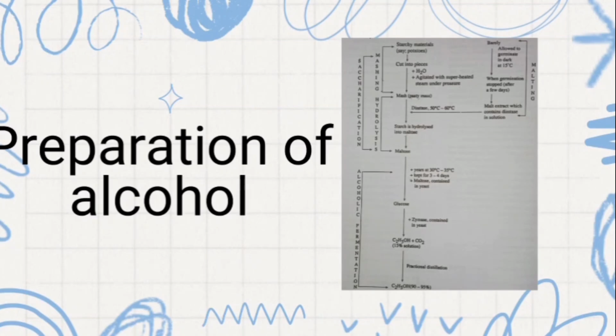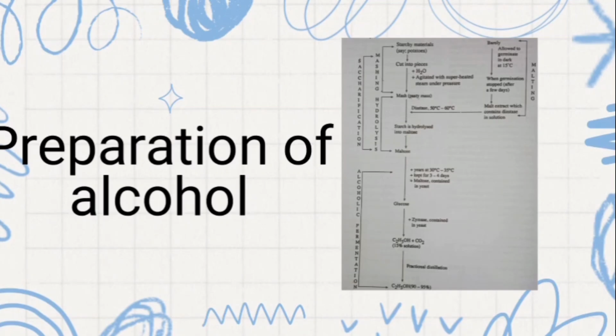After that, the maltose is heated at 30 to 35 degrees centigrade and kept for 3 days. The maltase enzyme present in the yeast results in the breakdown of maltose into glucose. After that, the glucose is again broken down to form ethyl alcohol and CO2 due to the presence of the enzyme zymase.